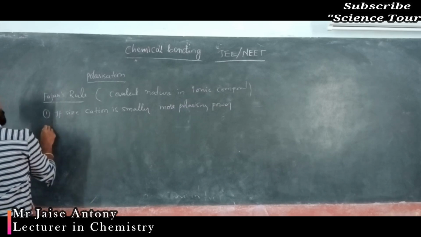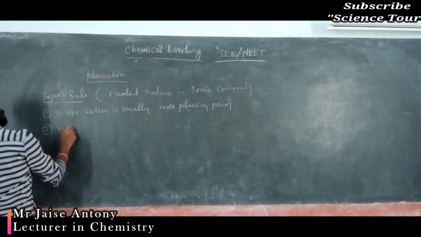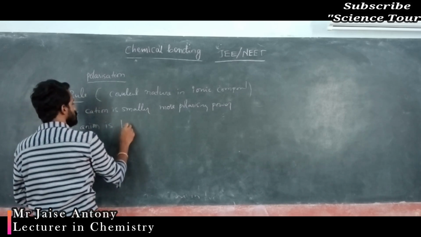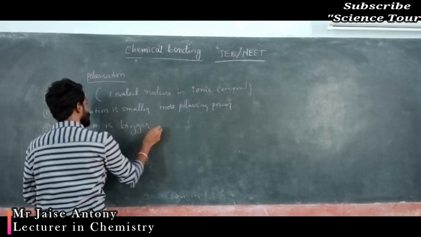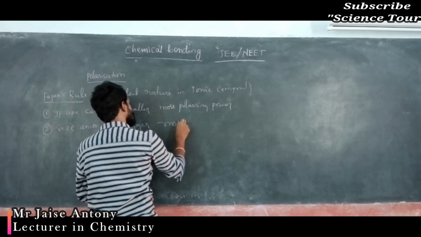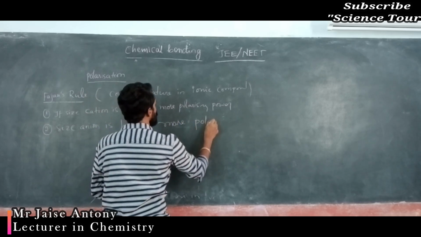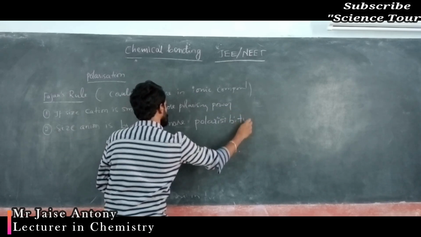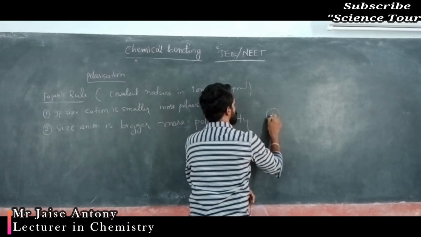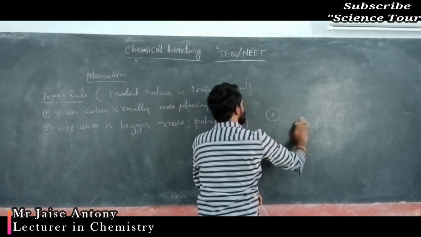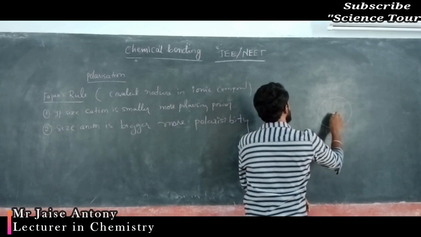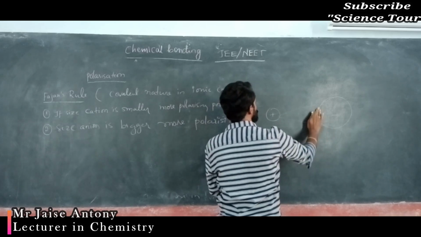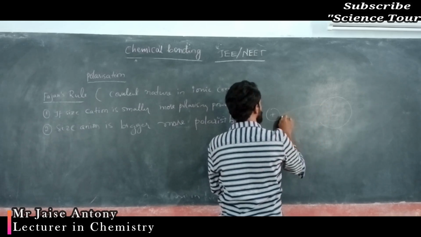Second, if the size of the anion is bigger, there is more polarizability. That means this is a cation, and this is an anion. So what happens? There is more attraction towards this particular cation, so the electron cloud gets distorted and attracted.